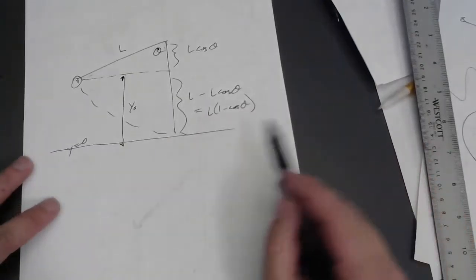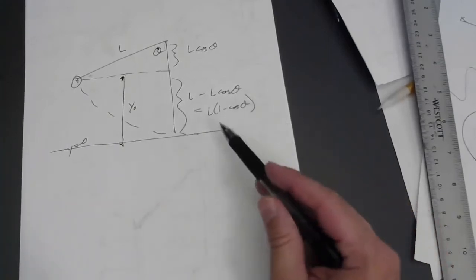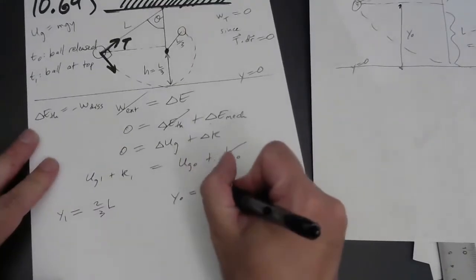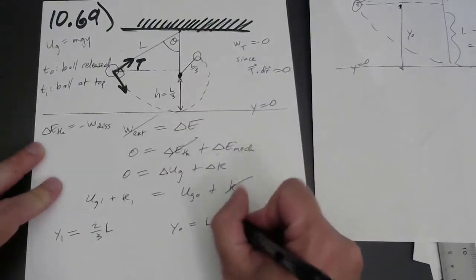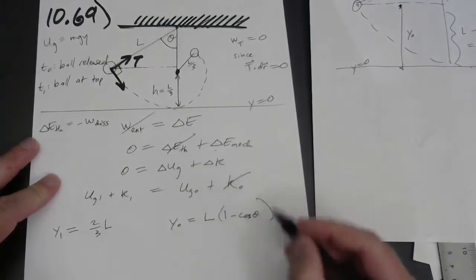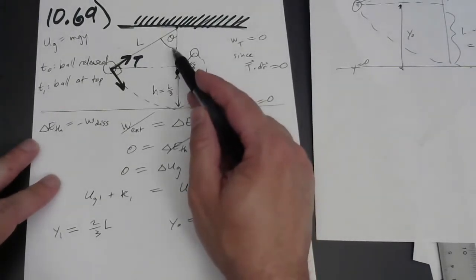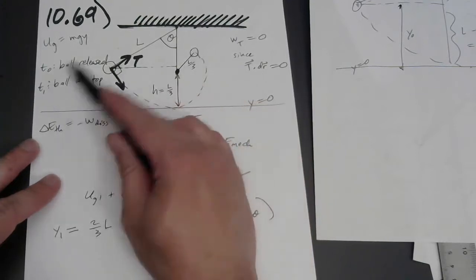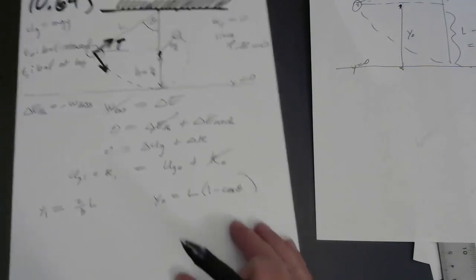This shows up in a few problems, so it's worth remembering, not necessarily memorizing. But over here, I'll write the y coordinate at time 0, the time at which the ball is dropped: L times 1 minus cos theta, where theta is that initial angle. I could call it theta naught to be consistent with the time, but since I'm only labeling one angle, theta is the particular angle from which the ball is dropped.